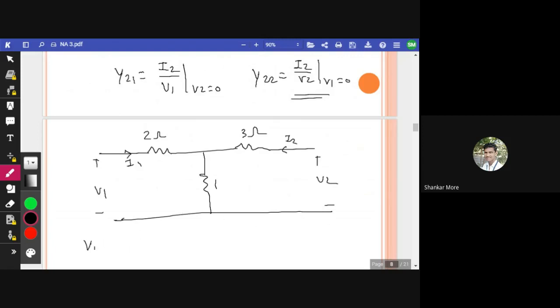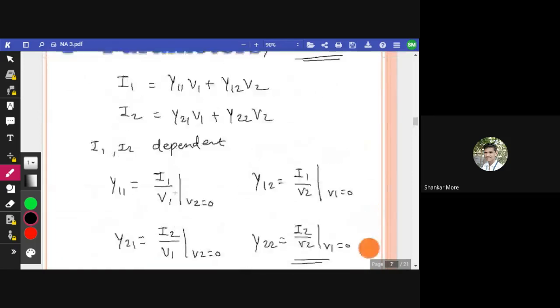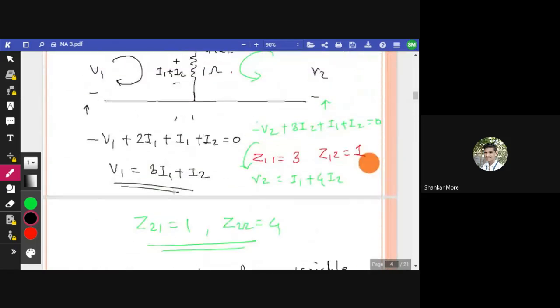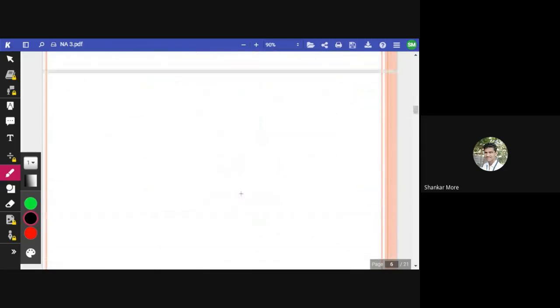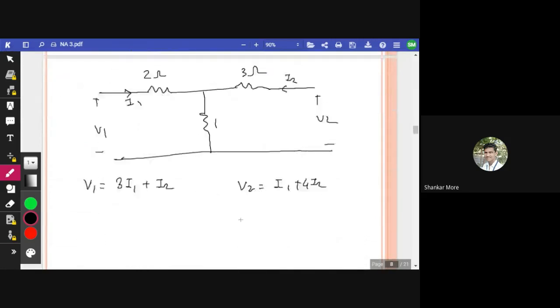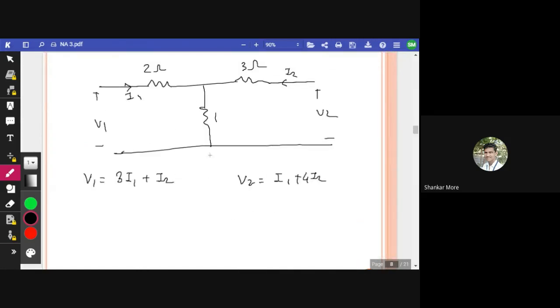The equations were V1 is equal to 3I1 plus I2, and V2 is equal to I1 plus 4I2. These are the equations for Z parameters that we have already found. You can verify this. So this is the equation for V1, 3I1 plus I2, and this is the equation for V2, that is I1 plus 4I2. So we have to modify these two equations.